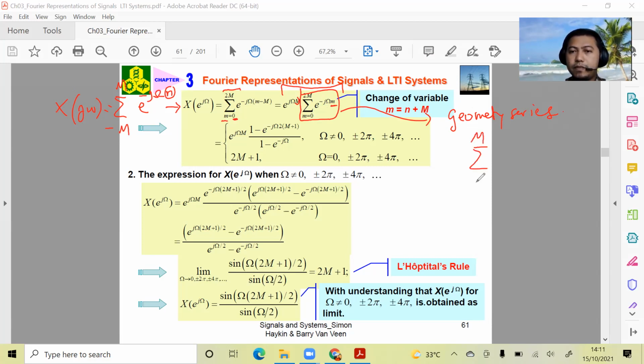Let's say this is from 0, a to the minus t.